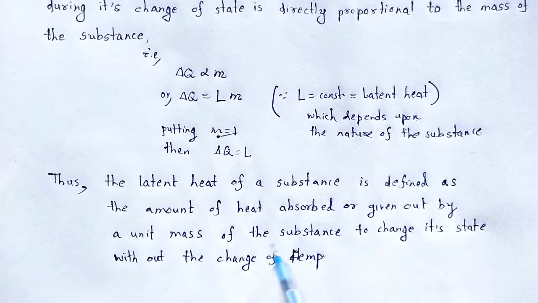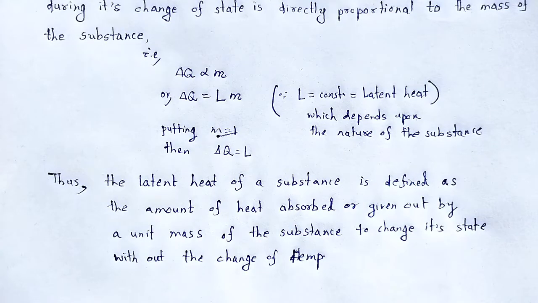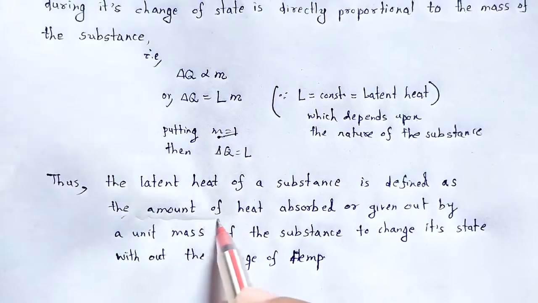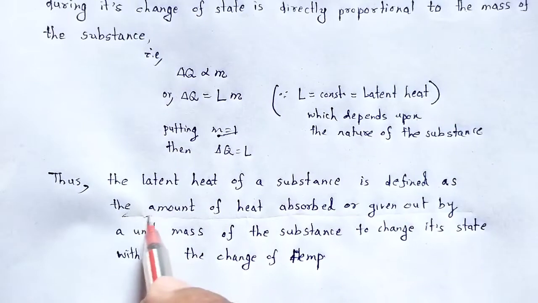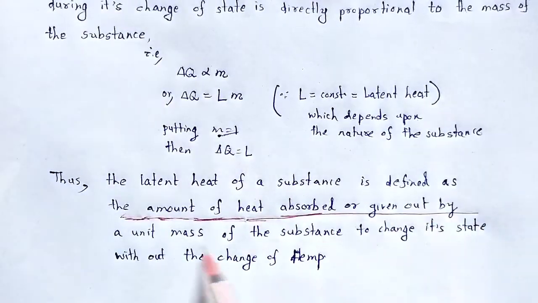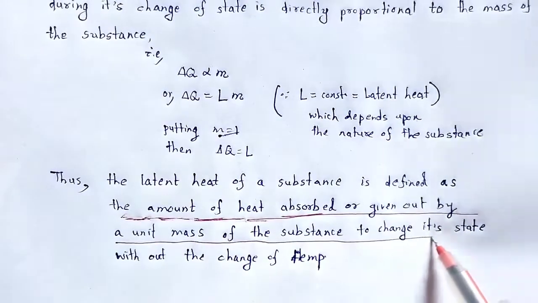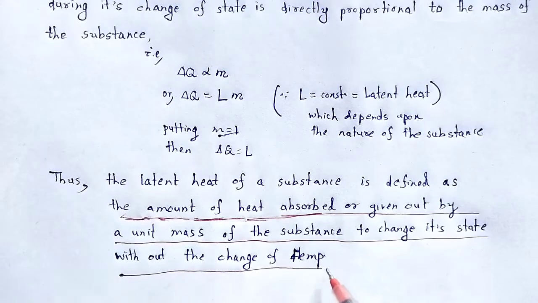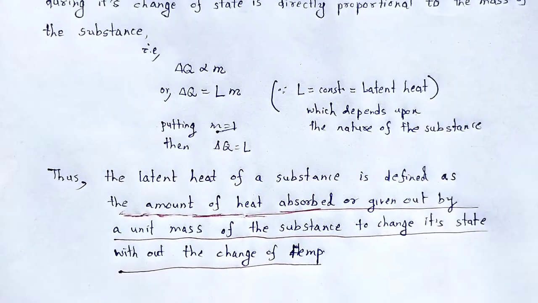In this way, we define the latent heat of that substance, means the amount of heat absorbed or given out by a unit mass of the substance to change the state without the change of temperature is known as latent heat.